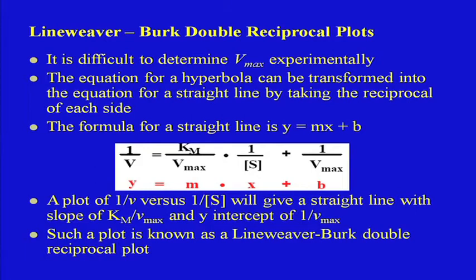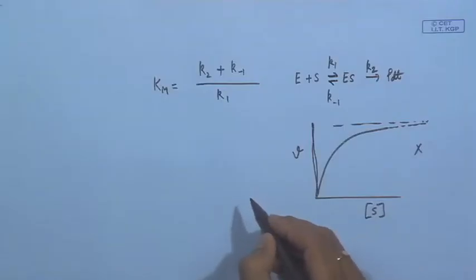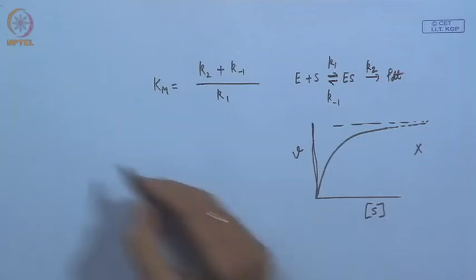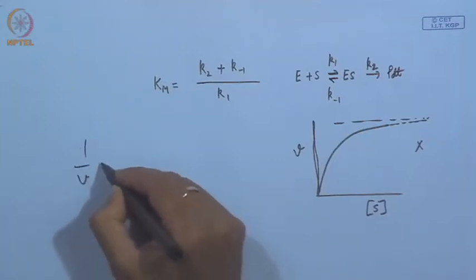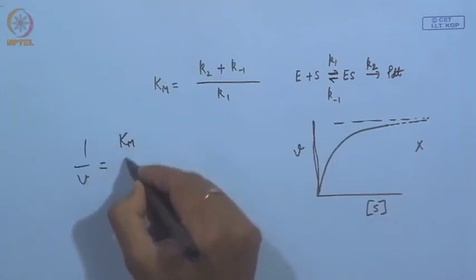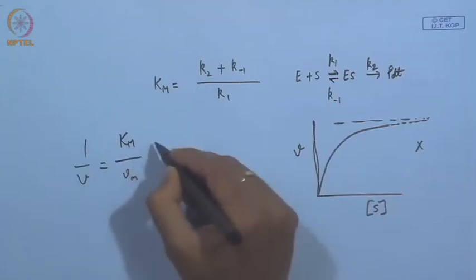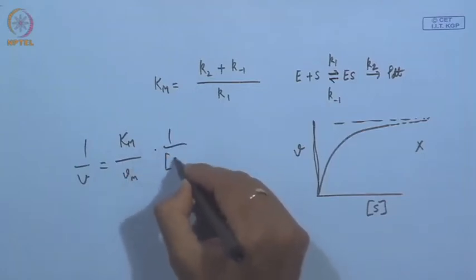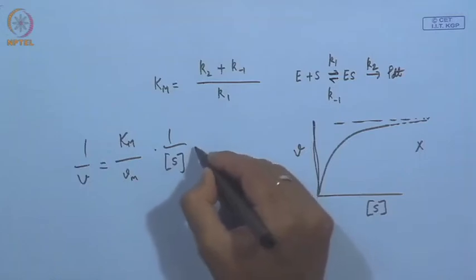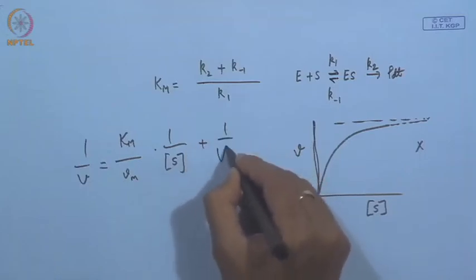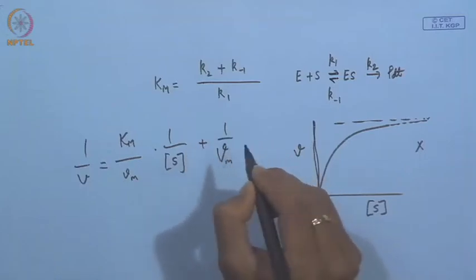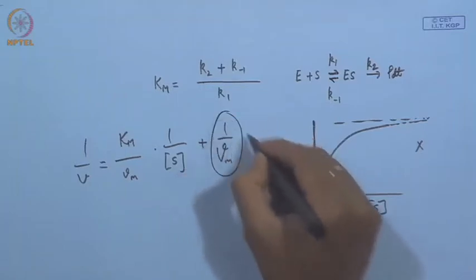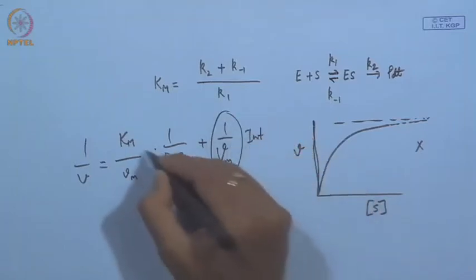So, the inverse of the intercept will directly give you the Vmax. It is easier to deal with. So, that is 1 by V is equal to Km by Vmax into 1 by S naught, where S naught is the initial substrate concentration, plus 1 by Vmax. Okay. So, this is your intercept, this is your slope.